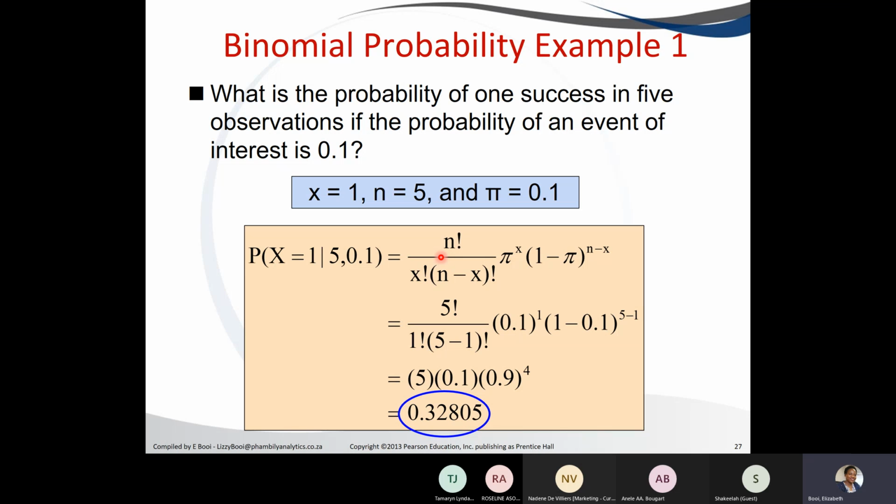So 5 factorial divided by x factorial, which is 1, times 5 minus 1 factorial, times the probability of success, which is 0.1, to the power of x, which is 1, times 1 minus the probability of success of 0.1, to the power n minus x, which is 5 minus 1. Substituting and calculating, the answer we get is 0.32805.